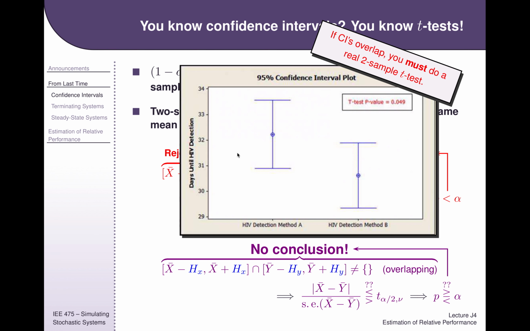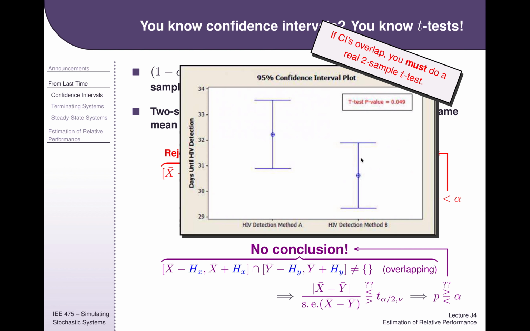Because the confidence intervals intersect, we have to do a t-test, and we end up finding that the p-value for this one is less than 0.05. Because it is less than 0.05, we conclude that there is a significant difference here. So we keep getting tugged in all these different ways. Initially, if we looked at just the means, it looks like there's a difference.